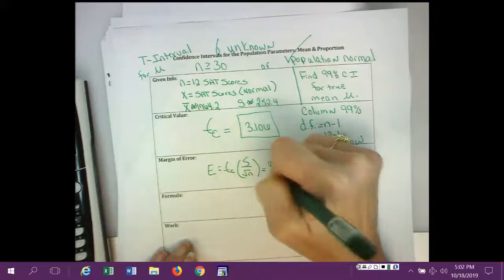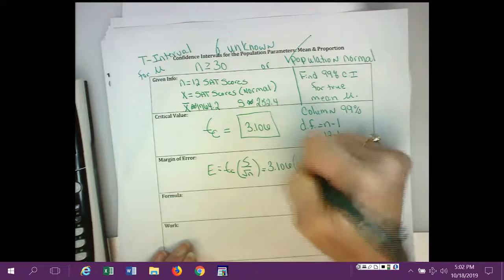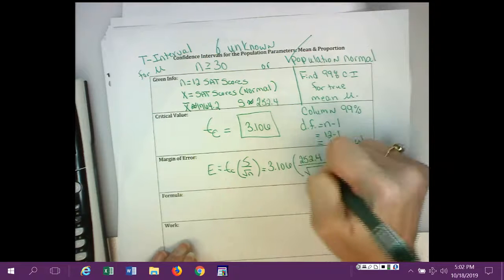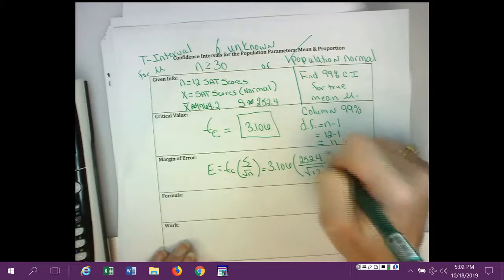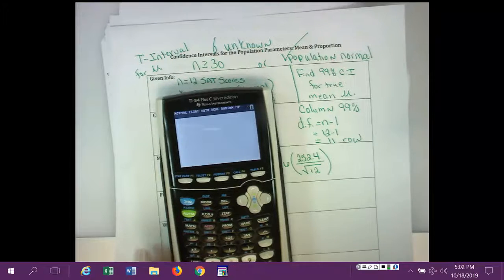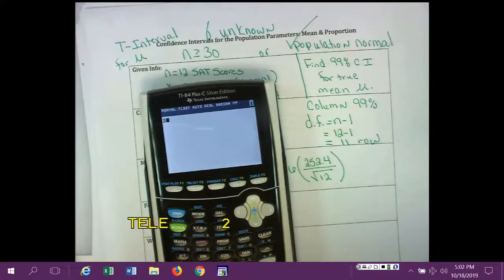Margin of error. E is t times s over the square root of n. So that's 3.106 times my 252.4, all divided by the square root of 12. And we're going to plug that into the calculator. Some of you may struggle with this calculation. 3.106 times parentheses 252.4 divided by the square root of 12.